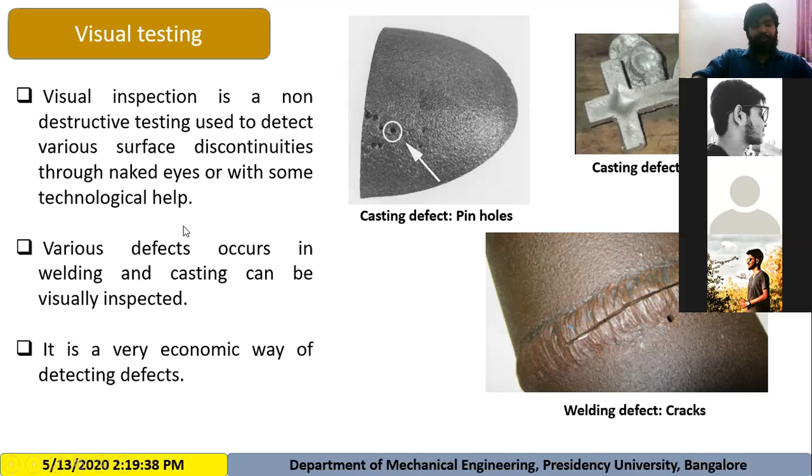Many of the defects were explained to you by your instructor. I am not taking the PT1 class in your section, but they have talked about welding and casting defects. Many welding defects that you have studied previously in module 1 and module 2 can be inspected visually, simply by seeing through your naked eyes.